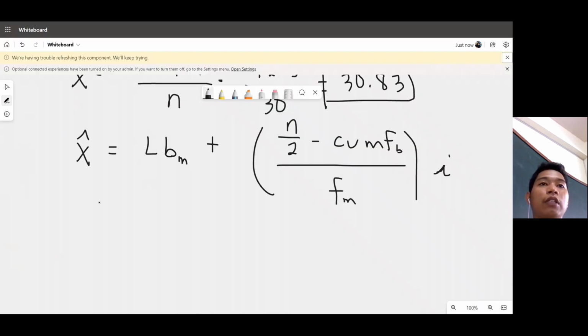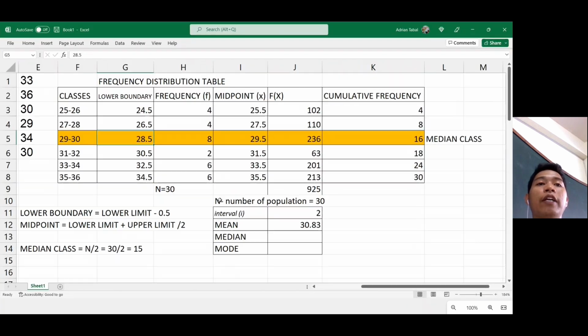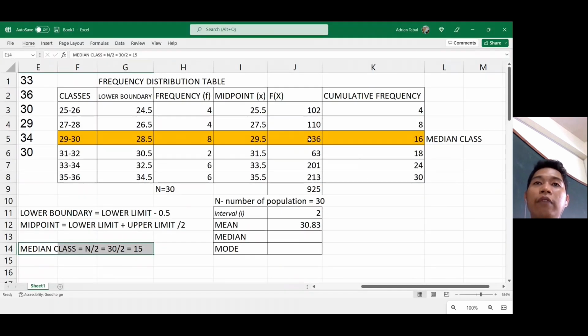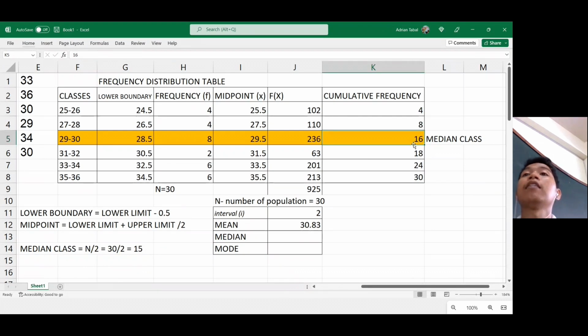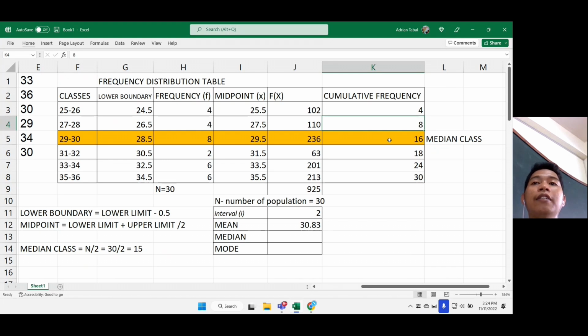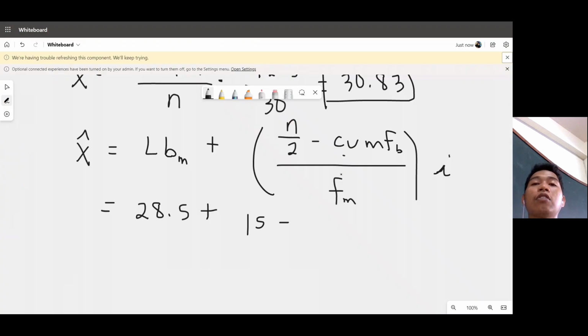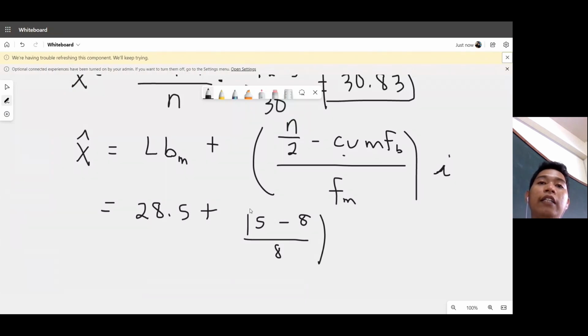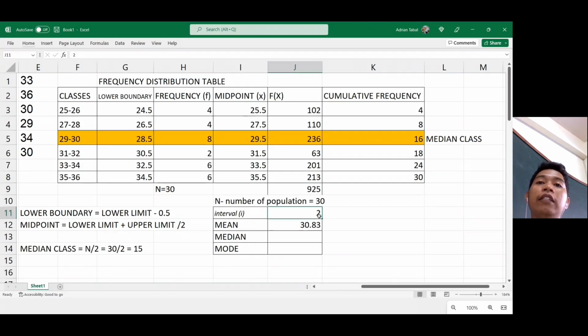Plus the value of n over 2, which is 15, minus the cumulative frequency before the median class, that is 8, over the frequency of the median class, that is 8, multiplied by i, the interval, that is 2.